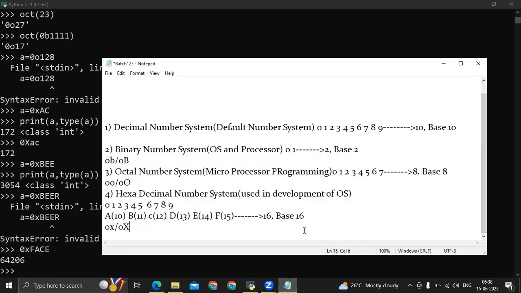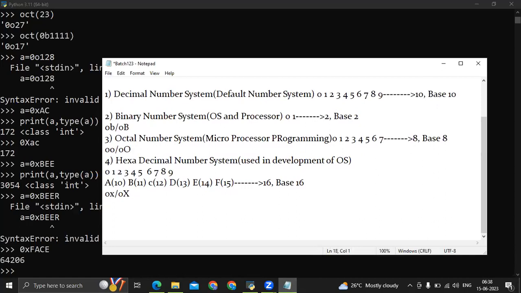Let me write. What does the float do? It stores the real constant value or floating point values.